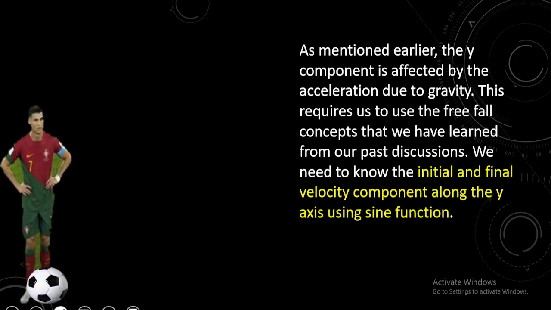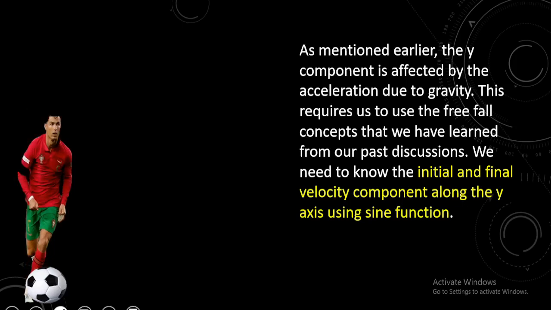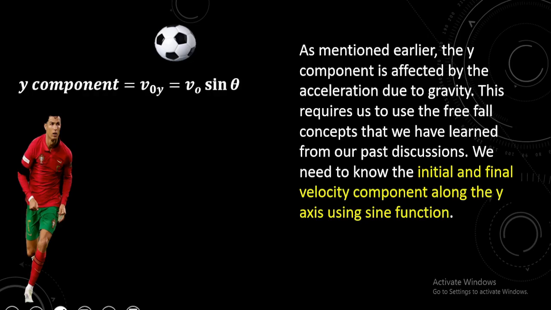Here, let's make the athlete kick the ball. There you go. He kicked, and we paused for a while because you will not be aware of that, but it stopped at its maximum height. The y component here is v sub oy, equivalent to v sub o sine theta.